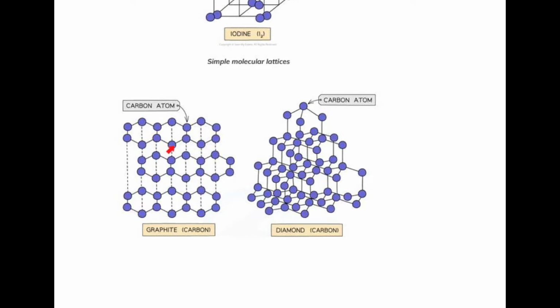It is linked to 3 carbons, meaning that this carbon has 3 neighbor carbons. So that is where it is using sp2 hybridization to form 3 sigma bonds.